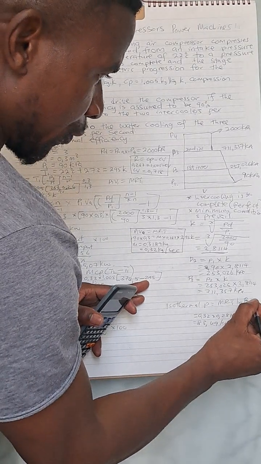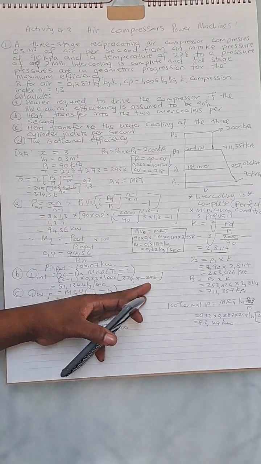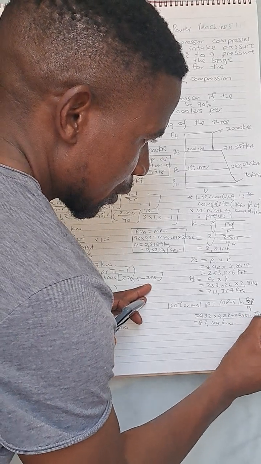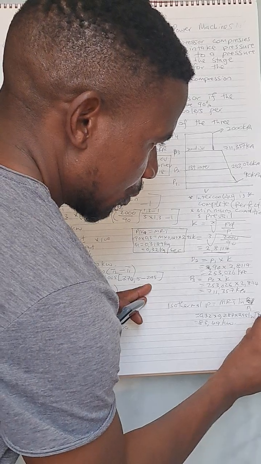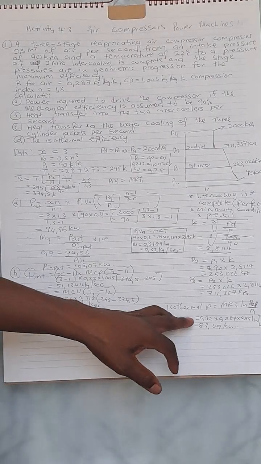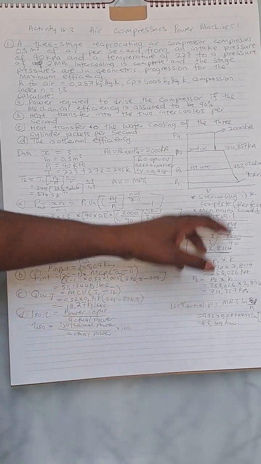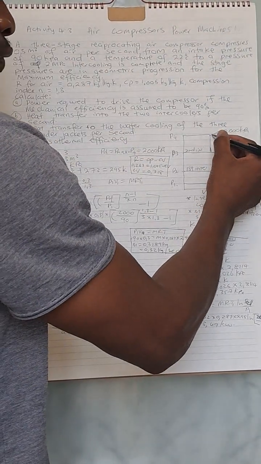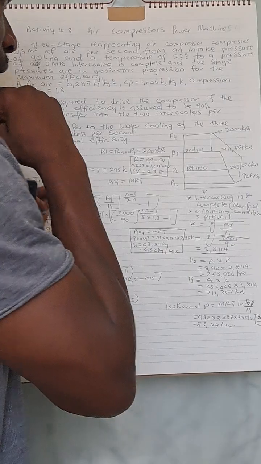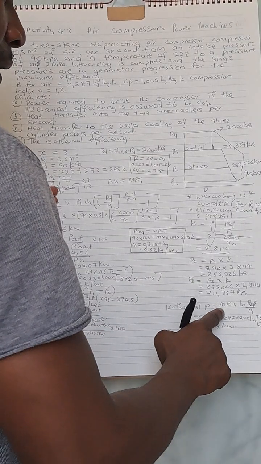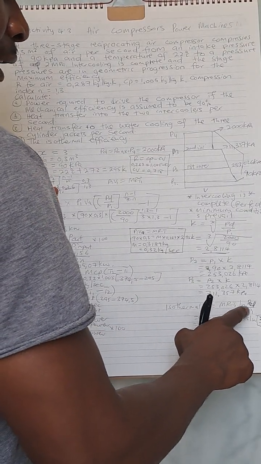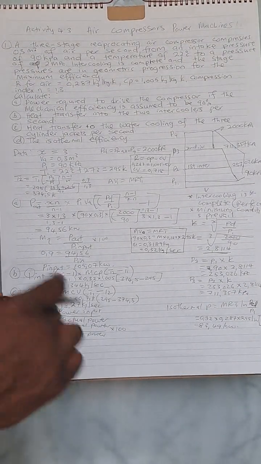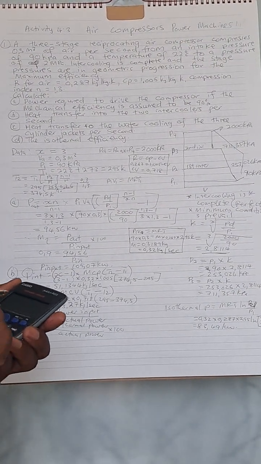In other words, our formula is P delivered, not P2. So this should be 2000. Our isothermal power takes place between this point and this point. So indeed we say MRT ln of P delivered over our P1. We need to substitute 2000.